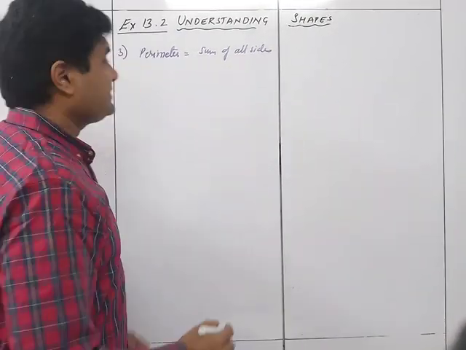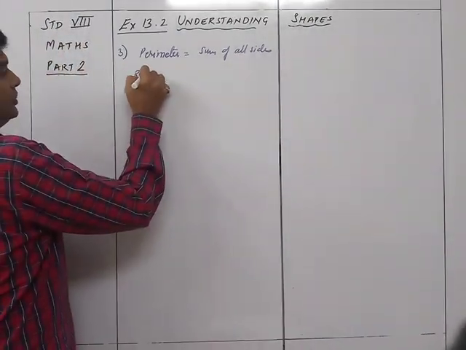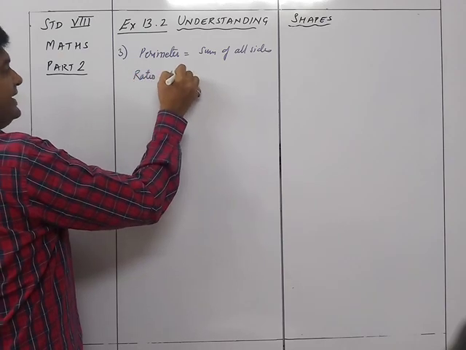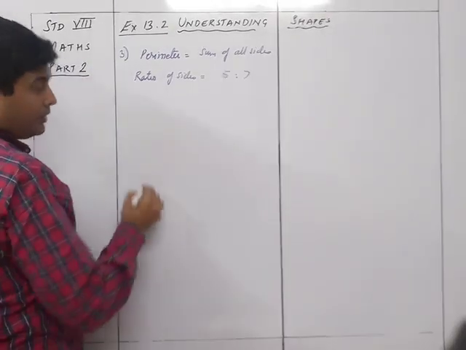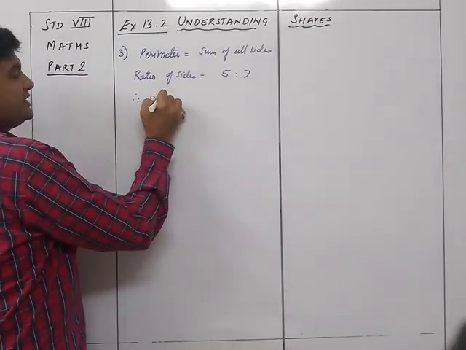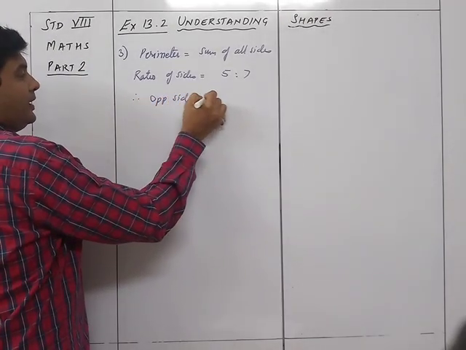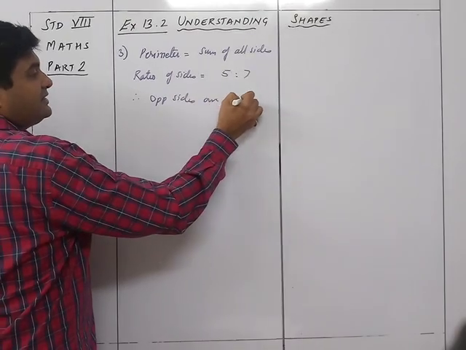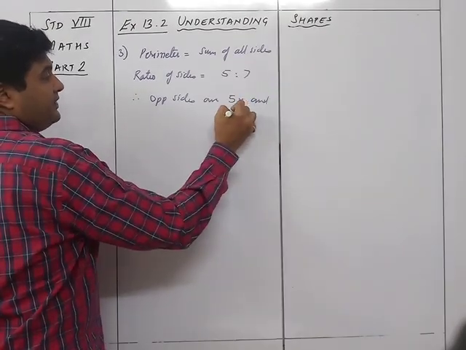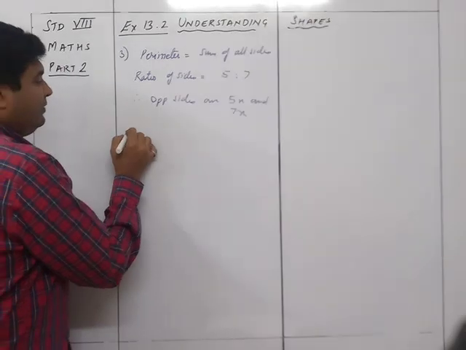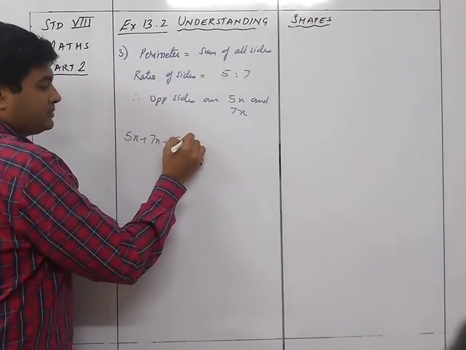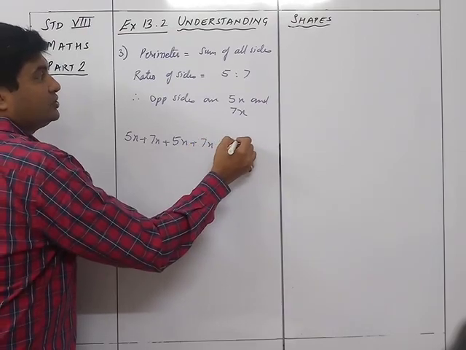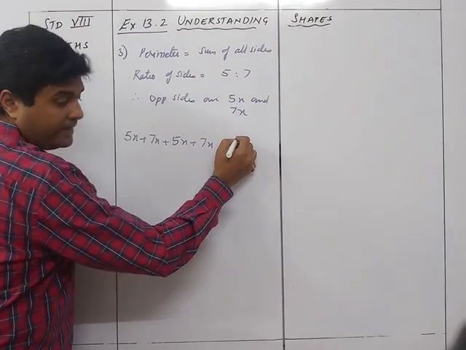So the ratio of the sides is 5:7. Therefore, opposite sides are 5x and 7x. So accordingly we have 5x plus 7x plus 5x plus 7x is equal to the perimeter given to you as 72.